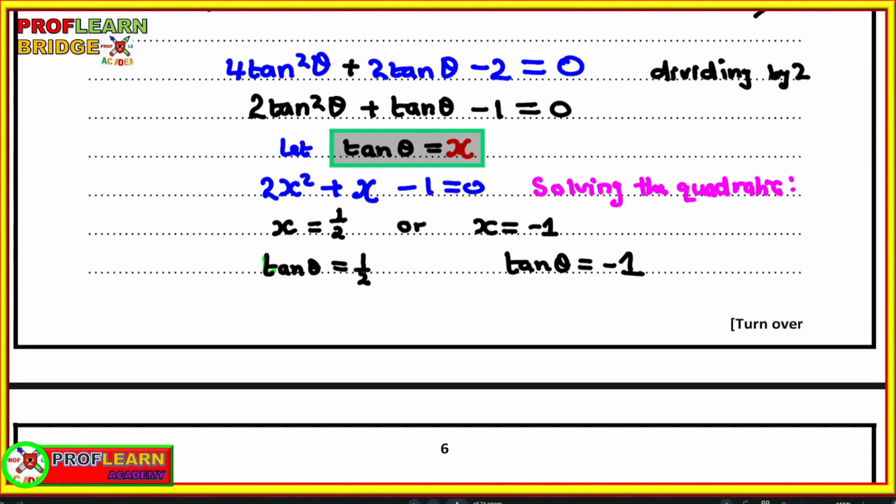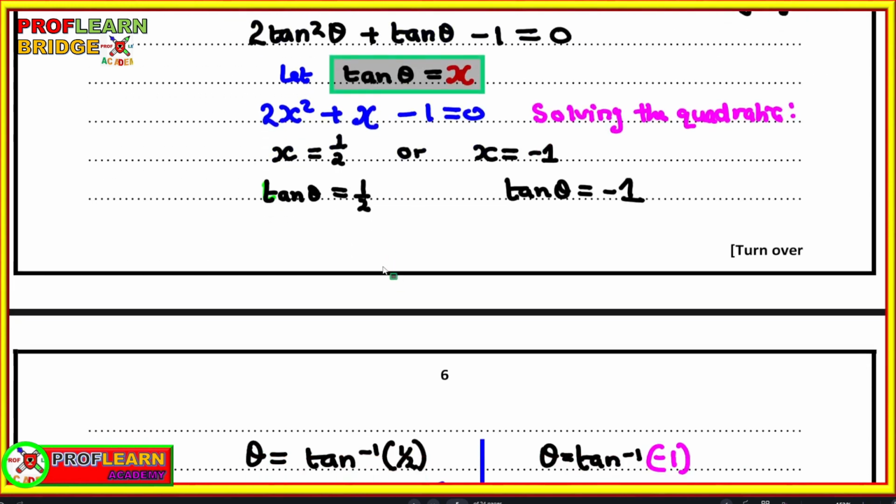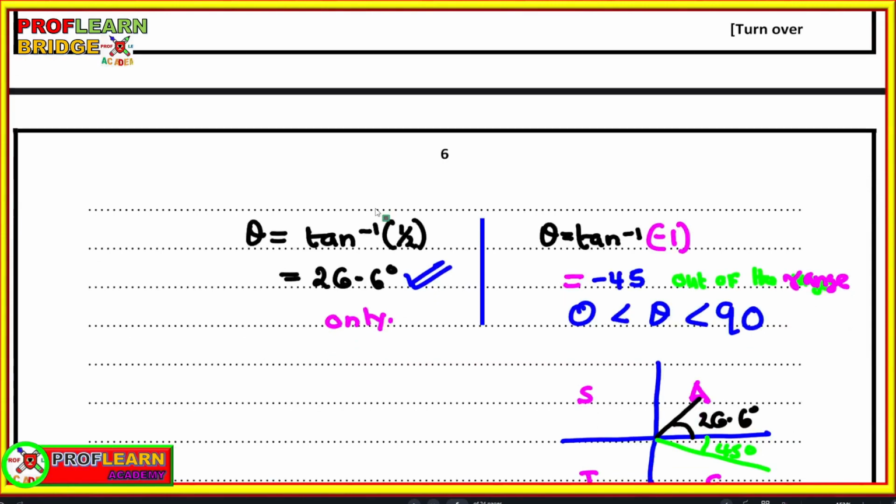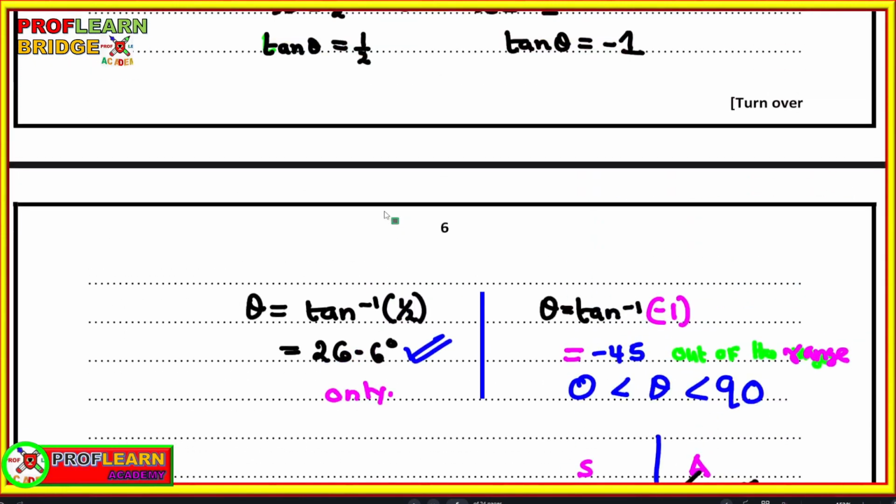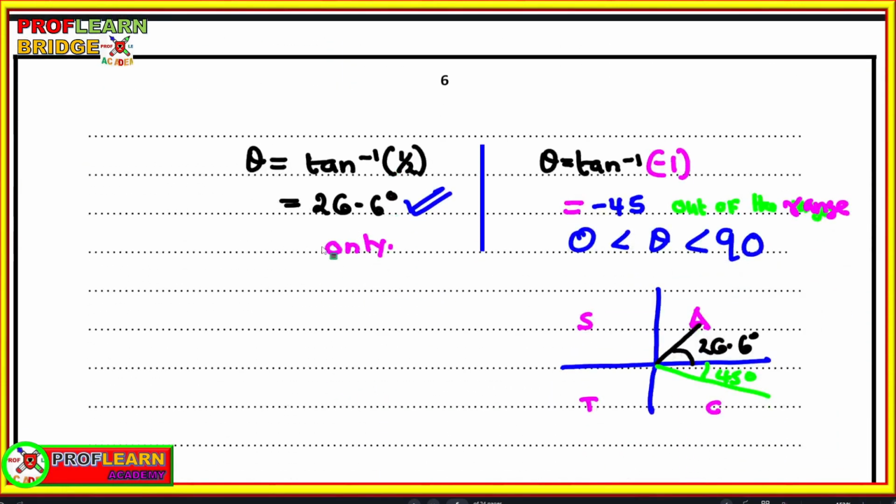So which means that, having the value of x, we can now replace it with the tan theta that we had said, so that we can solve this trigonometric equation. So solving tan theta equals a half, we're going to get 26.6 degrees.